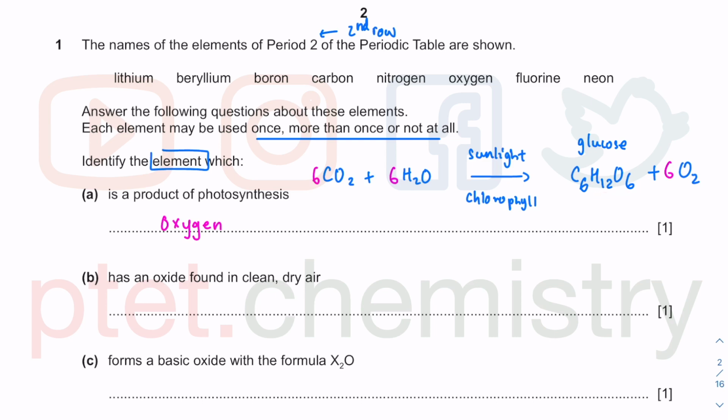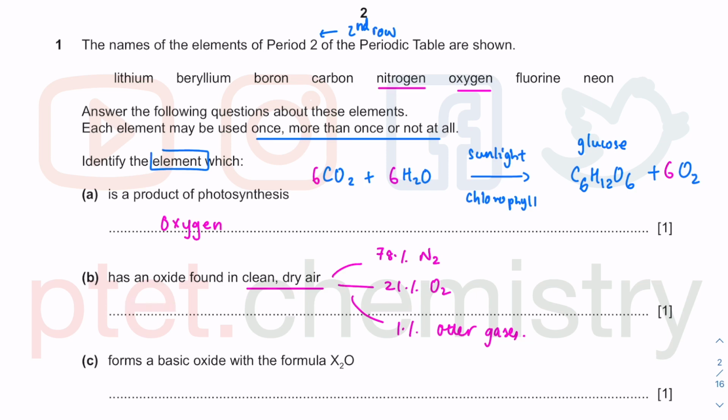Part B has an oxide found in clean dry air. Clean dry air consists of around 78% nitrogen diatomic molecules, around 21% oxygen, and around 1% of other gases. So there is actually more than one answer: there is nitrogen and there is also oxygen. Whichever one we write, just one. So identify the element which has an oxide.